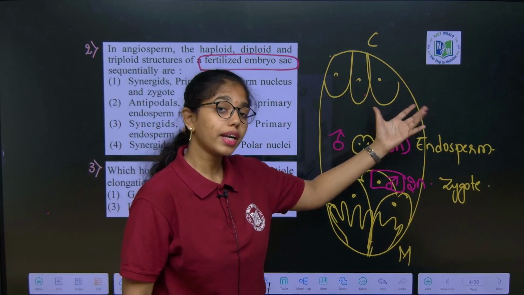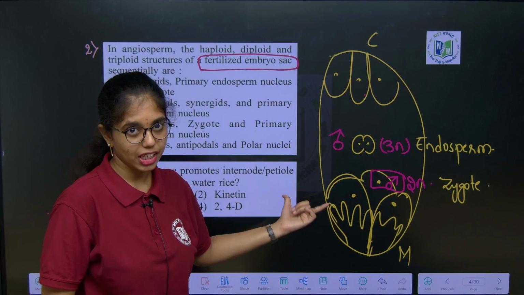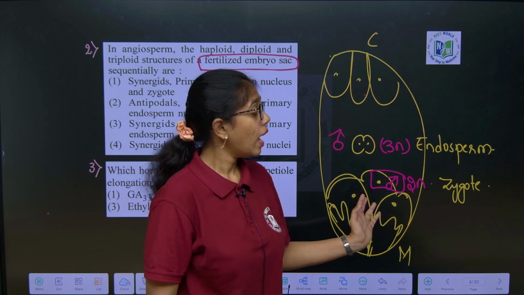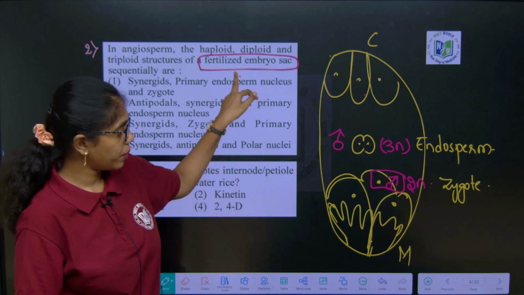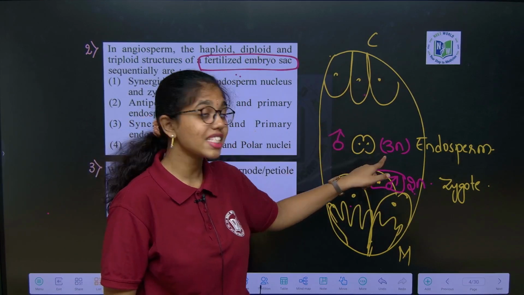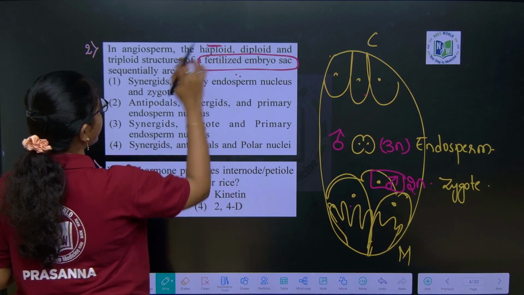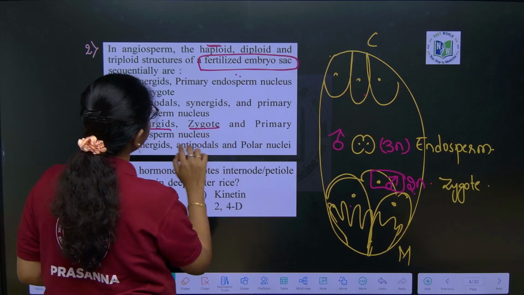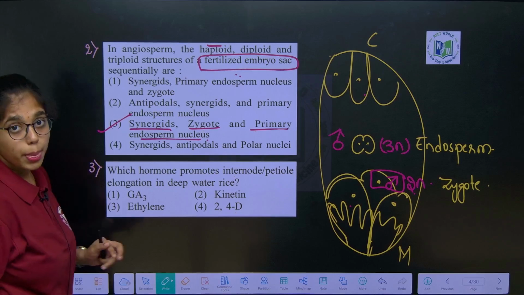Before fertilization, embryo sac is a haploid female gametophytic structure in angiosperm with 7-celled 8-nucleated condition. After fertilization, you can see diploid zygote, haploid synergids and antipodals and triploid endosperm. So, what will be our answer here, Nana? Haploid synergids, diploid zygote and triploid primary endosperm nucleus, that is third option.